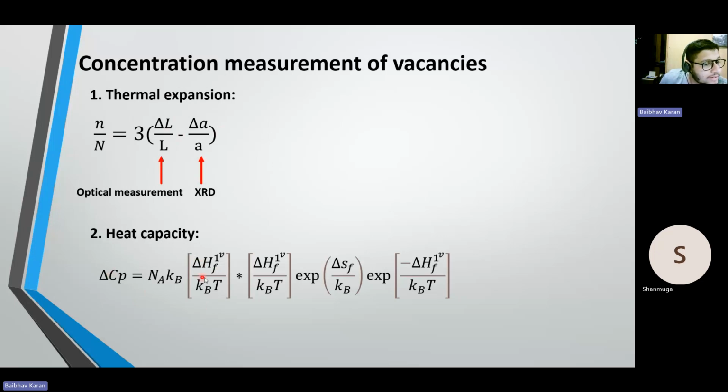The terms include delta HF1V, the formation enthalpy of mono vacancies, then the temperature, Boltzmann's constant, and the fraction of mono vacancies. So the heat capacity is also a factor that can determine the percentage of vacancies, or how many vacancies are present in the material.